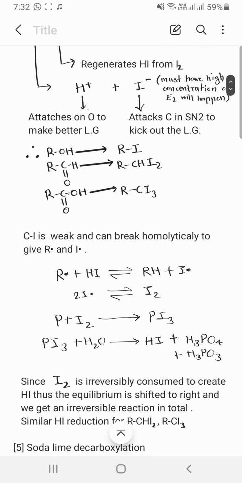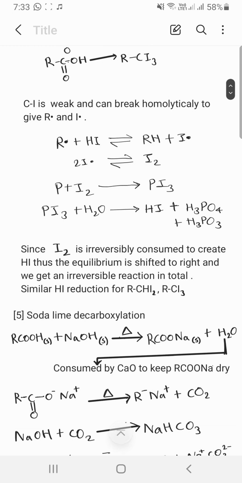Taking an example of RI, it will break into R radical and I radical, and then that R radical will take hydrogen from HI, and the chain reaction will keep on going. So this I2 gets attached to phosphorus. The I radical could also get attached to phosphorus directly, but fine. Since I2 is irreversibly consumed to create HI, the equilibrium is shifted to the right and we get an irreversible reaction in total. Yeah, so that's about right.